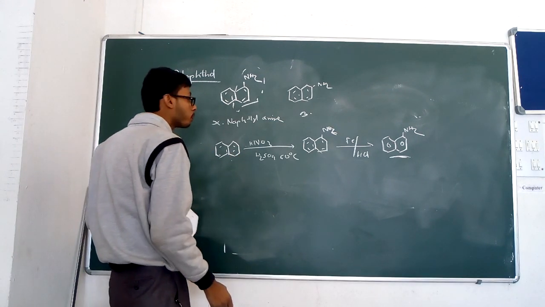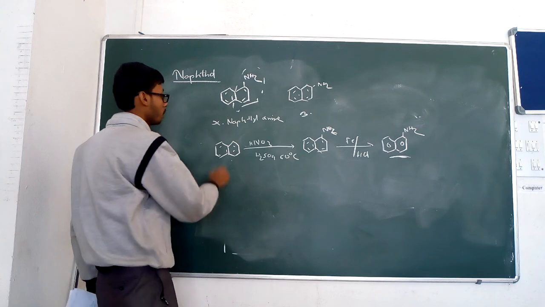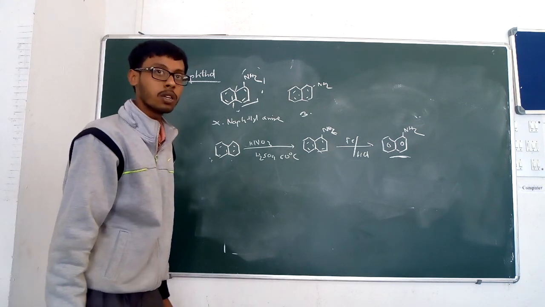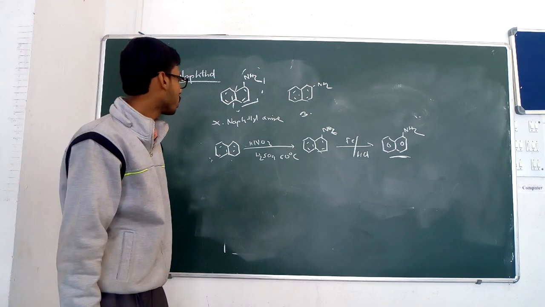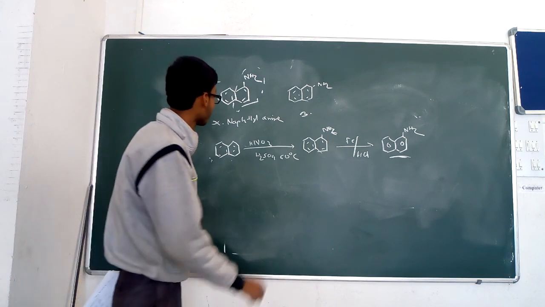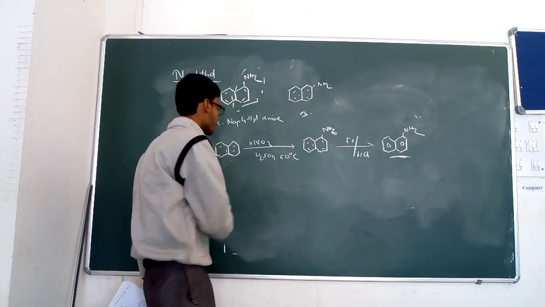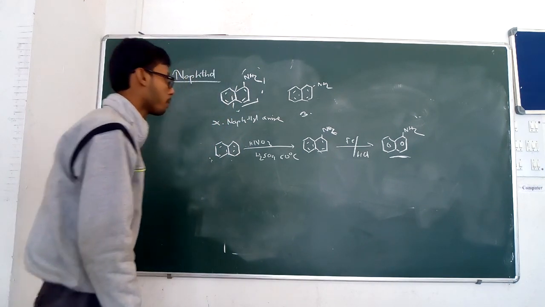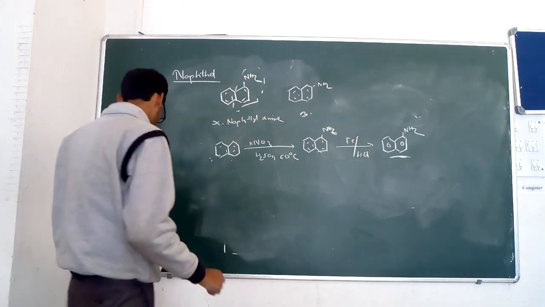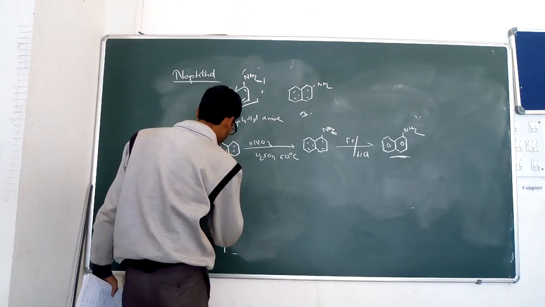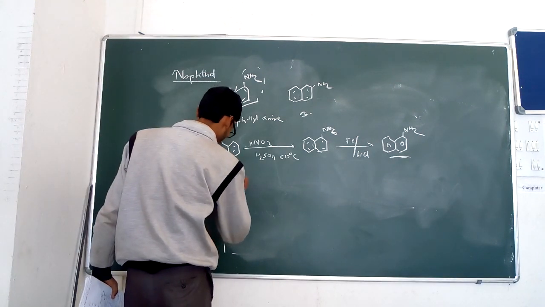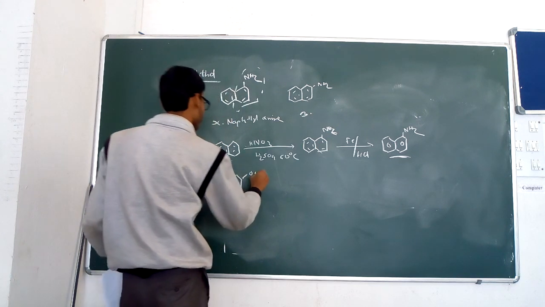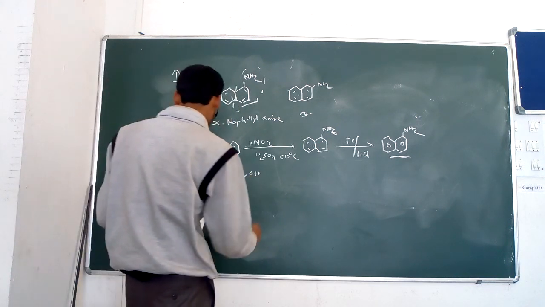And how do we prepare beta naphthylamine? Because in the nitration reaction of naphthalene, we see that the nitration attacks only at the C1 position, so for the preparation of beta naphthylamine the starting material is beta naphthol.